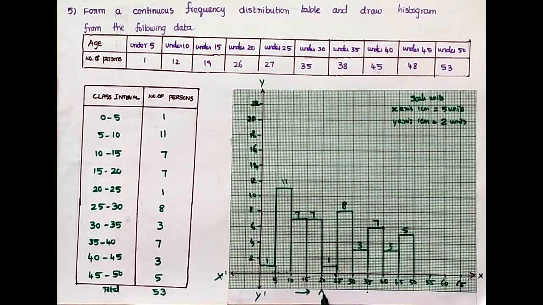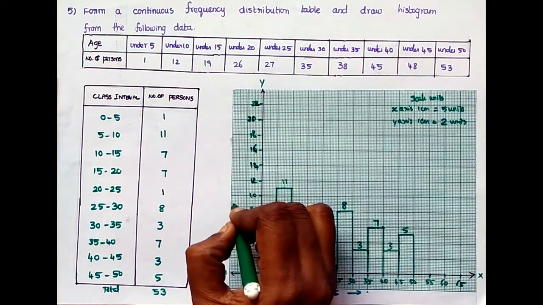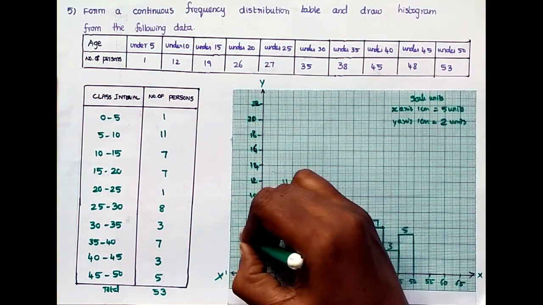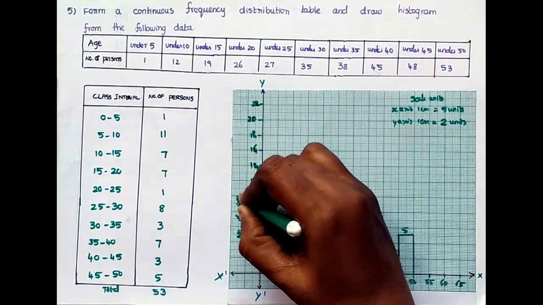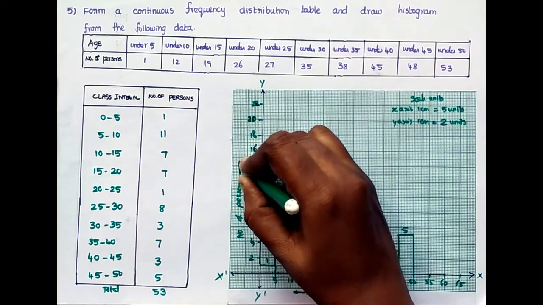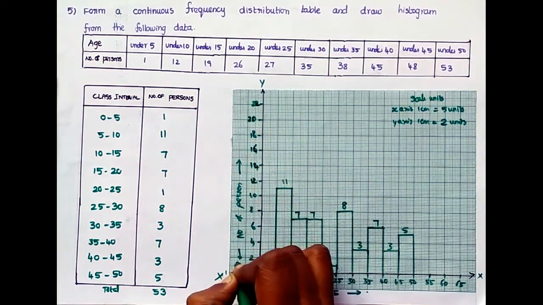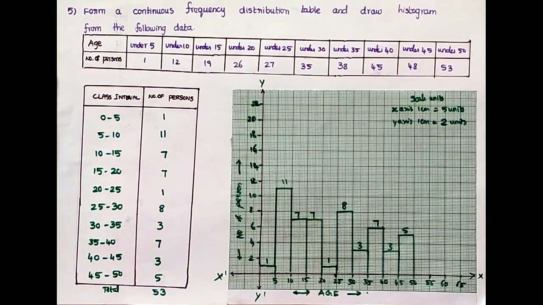Age. Here number of persons. That is the histogram. That is the answer.